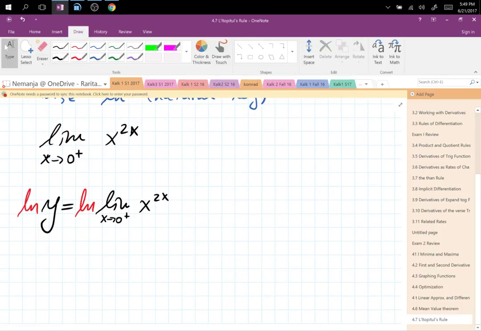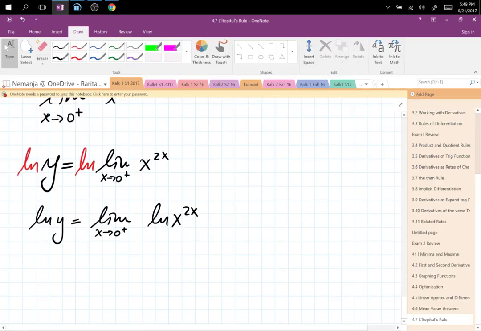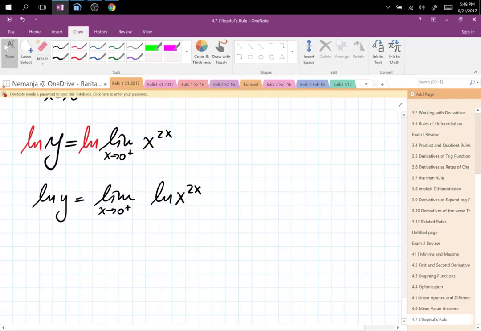So now I have ln y is equal to, now ln can go inside the limit, there are theorems in analysis which help with this if the function is increasing and so on. There's a lot of cool things. So they can swap places, ln goes in. And now we know the rule, hopefully, from pre-calc 1 for ln's, that ln of x to the p is p ln x, which means that this 2x can jump in front of ln.